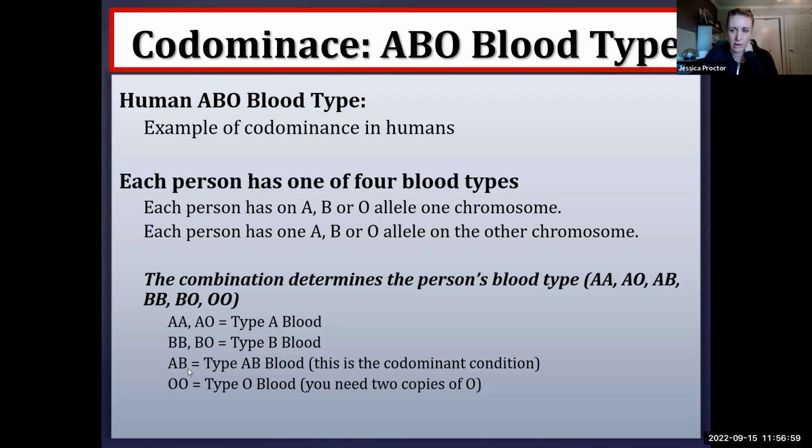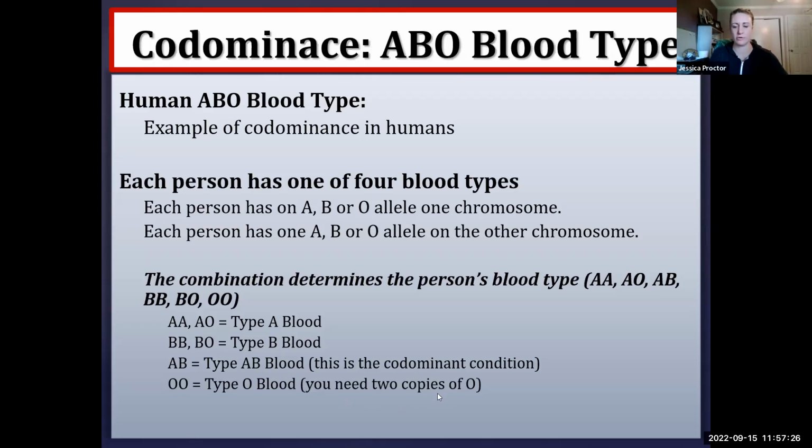So that's called codominant because both of those alleles will be expressed in the phenotype. AB genotype results in AB phenotype. And the only way you end up with O, which is the recessive gene, is if you have a copy from both mom and dad. So you would need an O allele from both mom and dad in order to have type O blood.